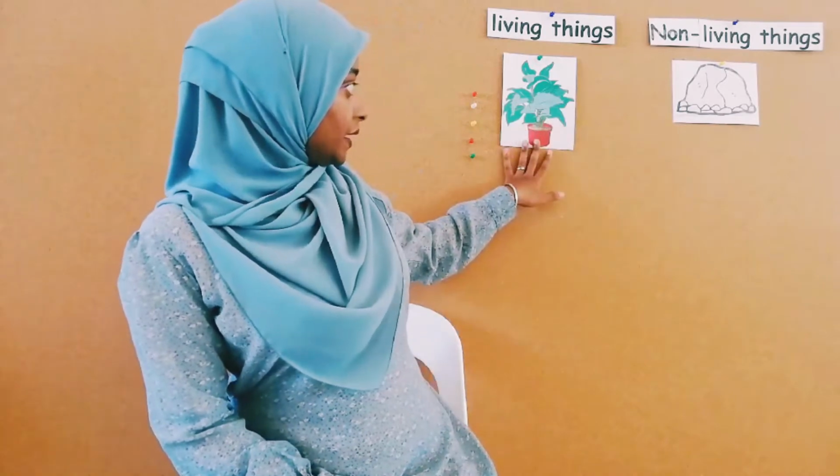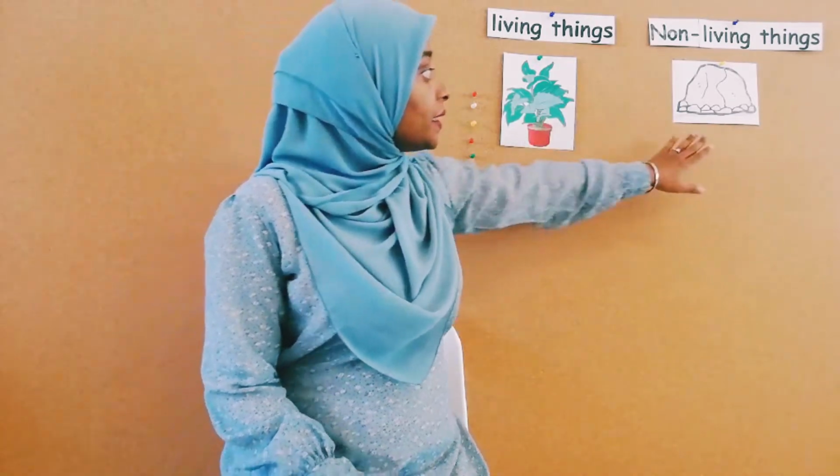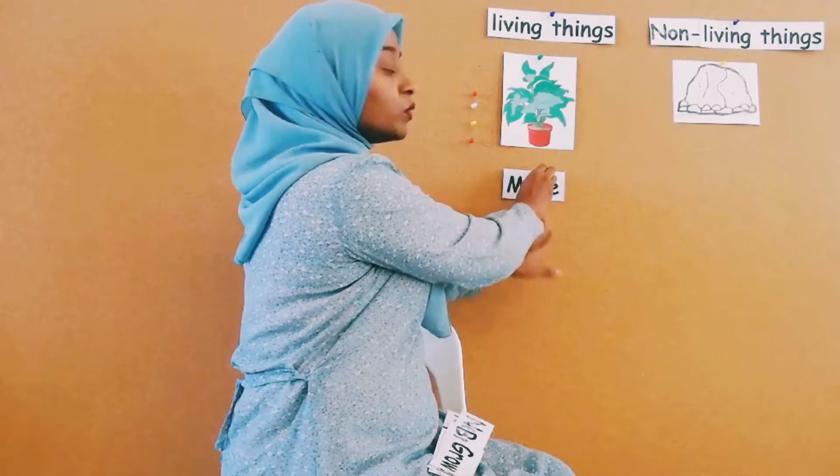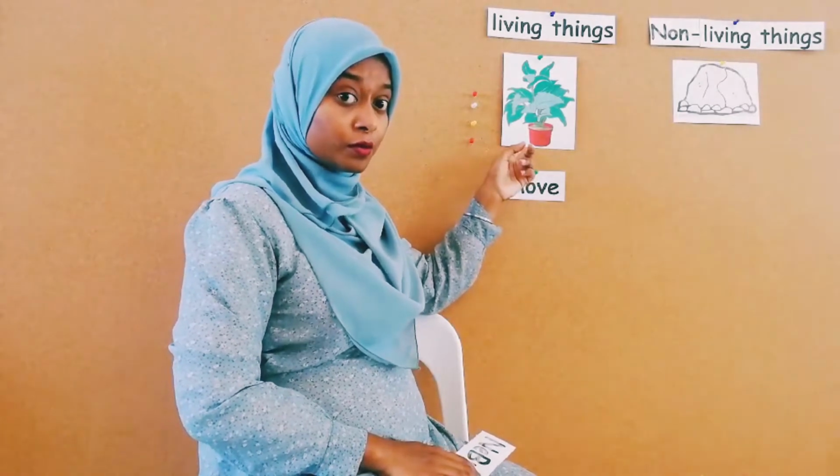So here I have a plant and a rock. So let's ask the questions. Does the plant move? Now that's a tricky question. Does the plant move on its own? Think. Yes, it does.